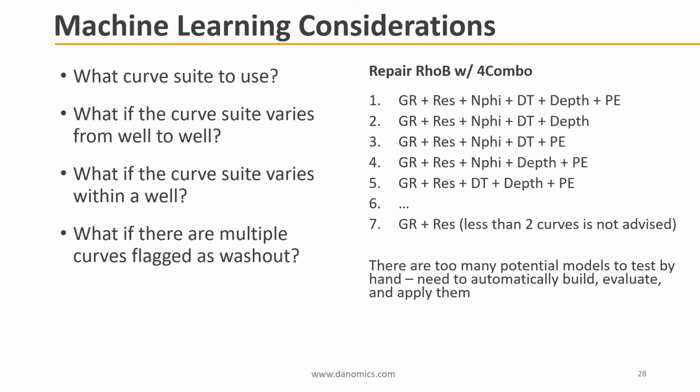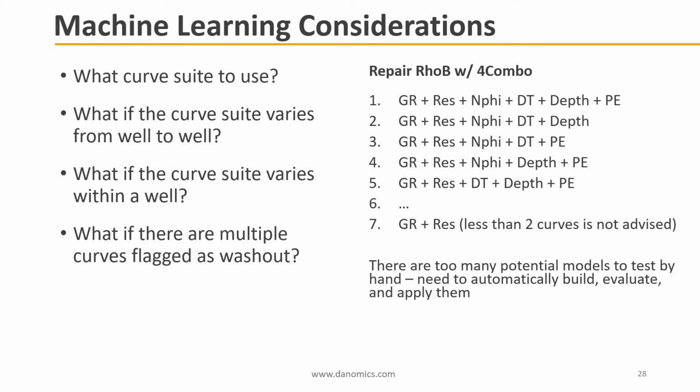So one of the things that we like to think about is building multiple models and then applying the best model. So for example, what I'm trying to show here is that if you're repairing a density, maybe you start off trying to use the full suite of curves.